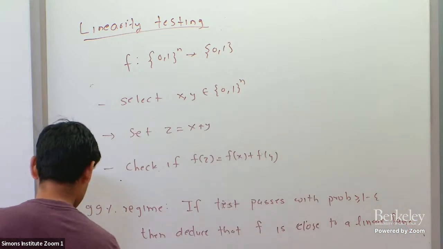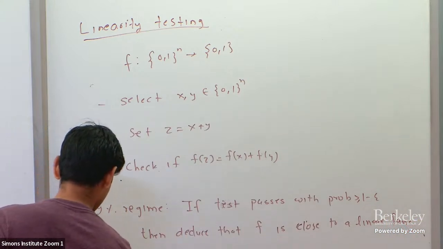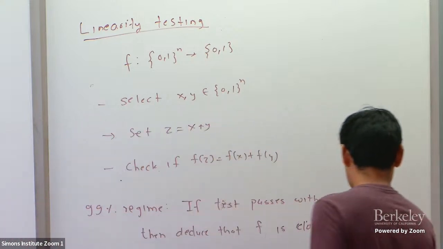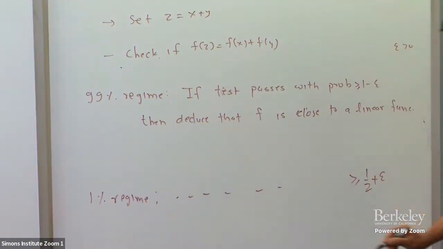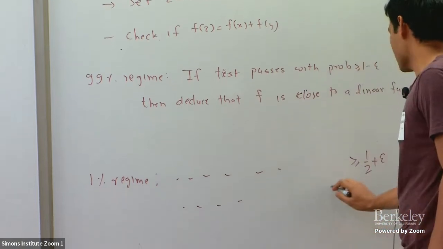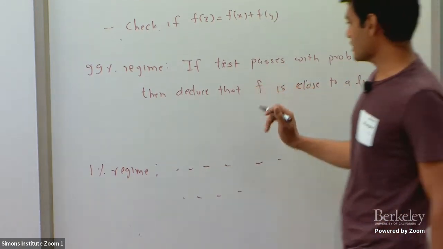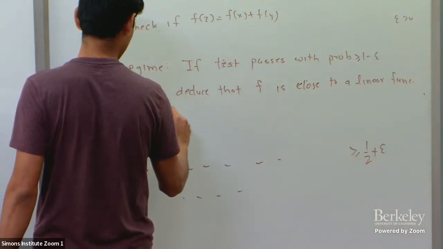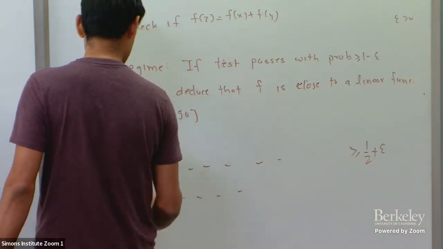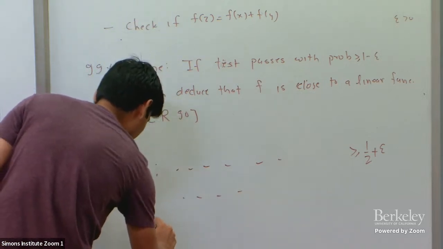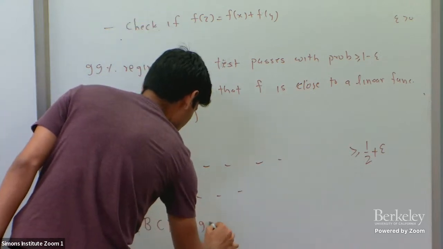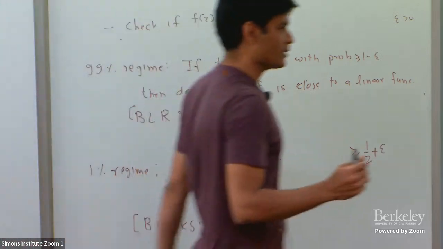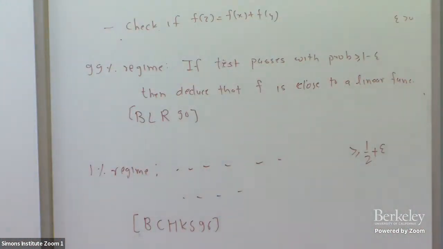And there is a 1% regime, which is the same, except that the test passes with probability half plus epsilon, where epsilon is some constant greater than 0. Then deduce that f is correlated to a linear function. The first was answered by Blum, Luby, and Rubinfeld in 90, and the second was answered by Bellare, Coppersmith, Hastad, Kiwi, Sudan, I think in 96 or something. So that's what we know.